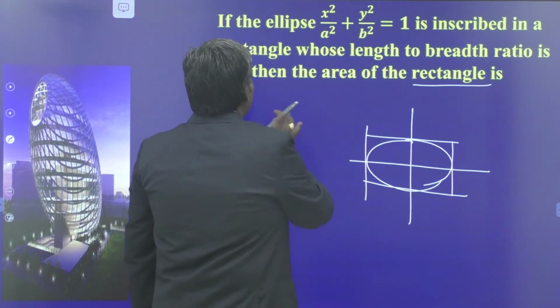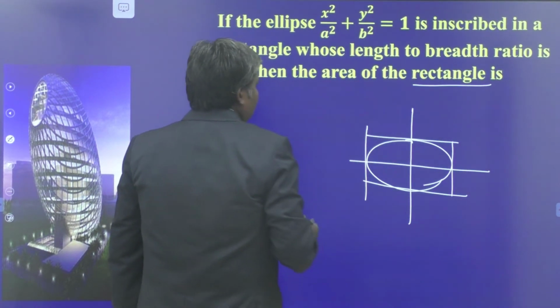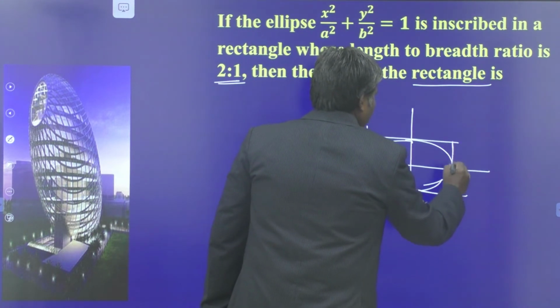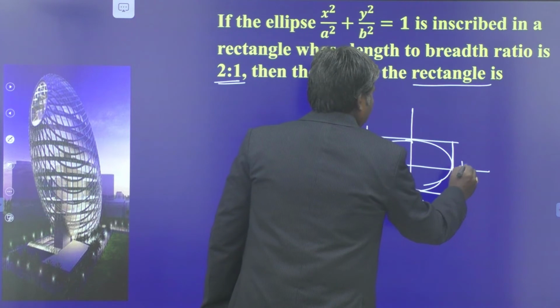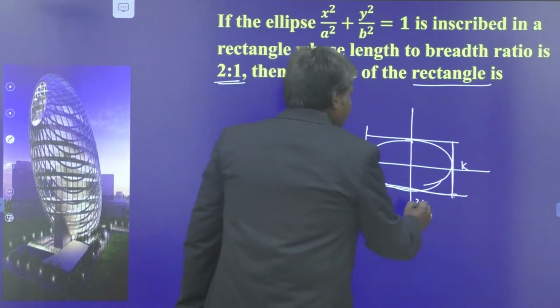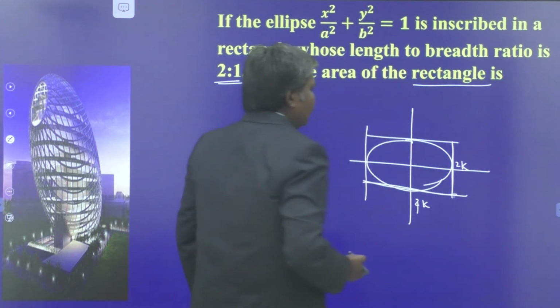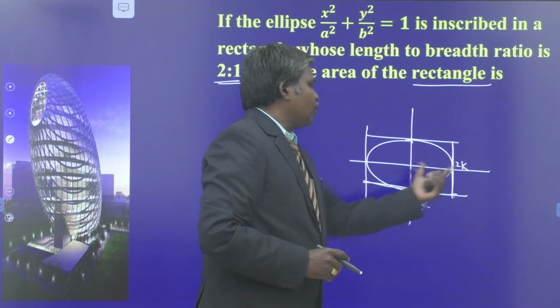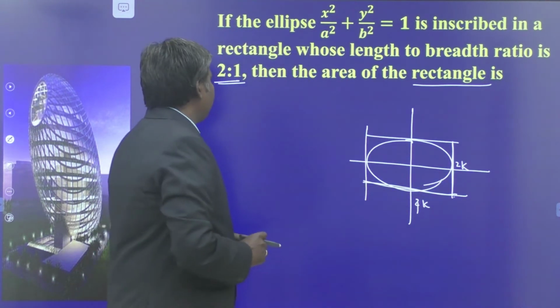Now the length and breadth are in the ratio 2:1. Suppose it is 2k, it becomes k. Am I correct or not? If it is 4k, it is 2k. For the sake of convenience, we take this one as 4k, 2k, whatever it may be.